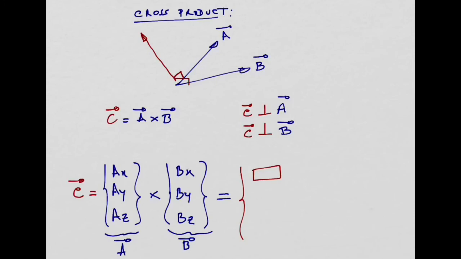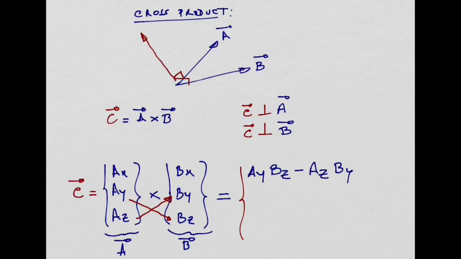I obtain it by doing this cross product: AY times BZ minus AZ times BY.